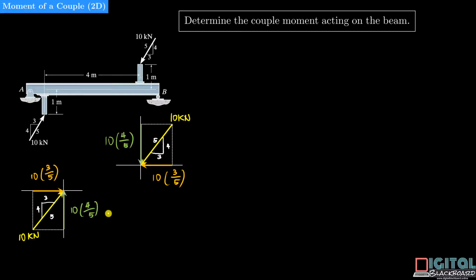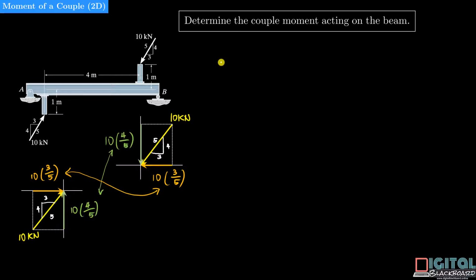So now you can see that instead of just having the original couple of 10 kN forces, we have two new couples, both the horizontal components and the vertical components. So in other words, the vertical components form one couple and the horizontal components form another couple.